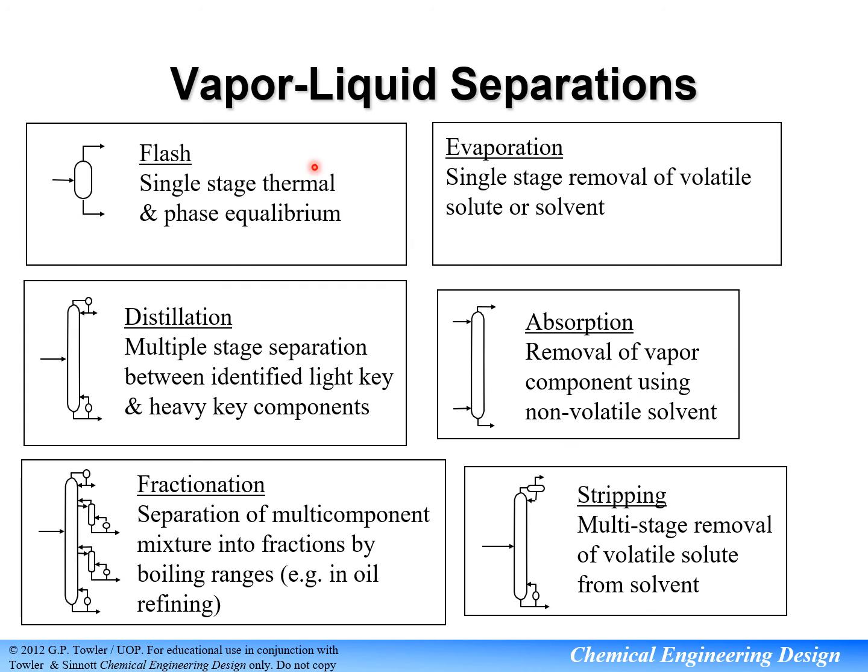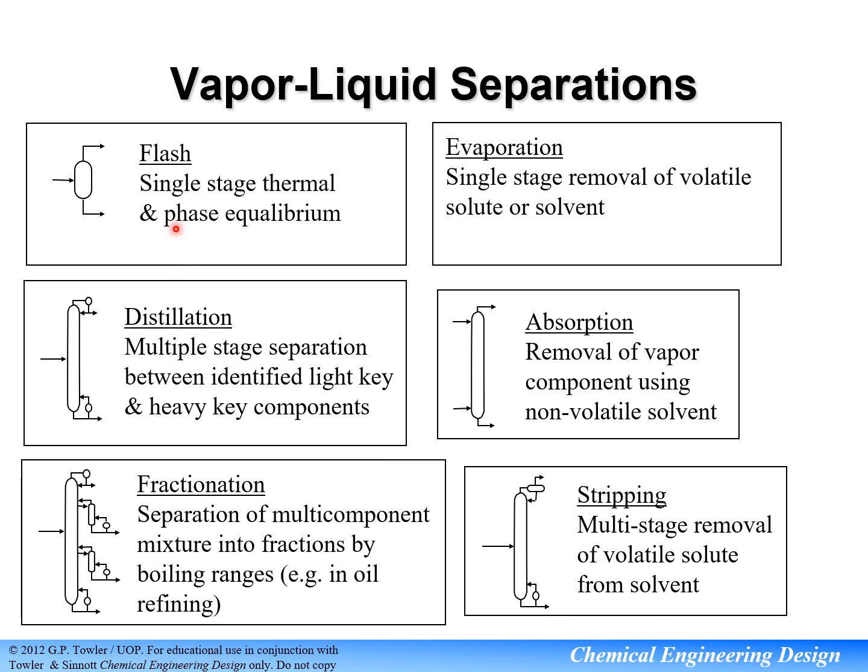Okay, for vapor-liquid separations, there are a few types of equipment that can be used, depending on your separation aims. If your process wants to do multiple stage separation between identified light key and heavy key, you can use distillation.